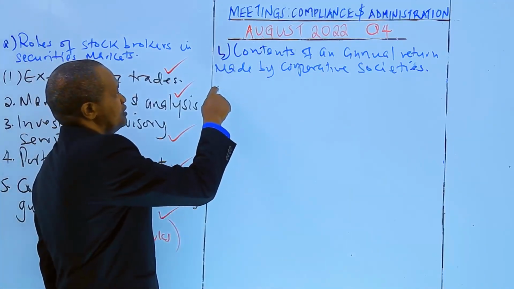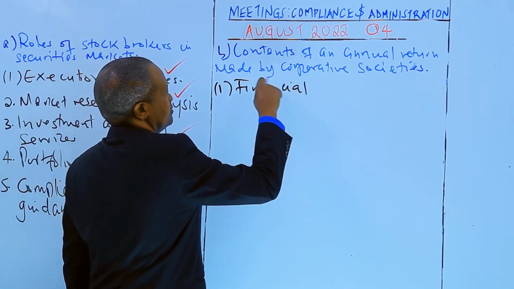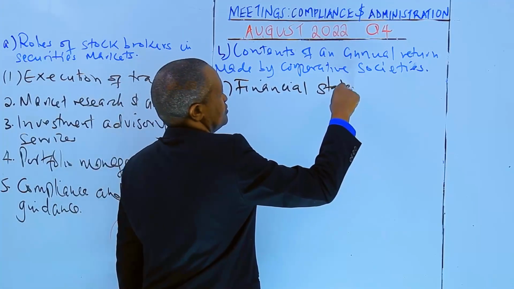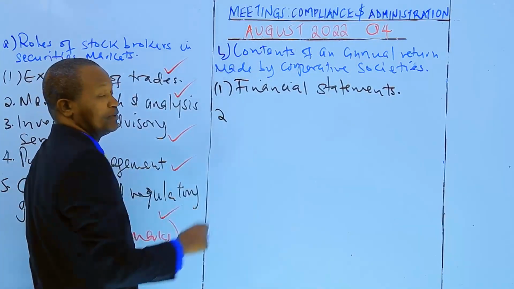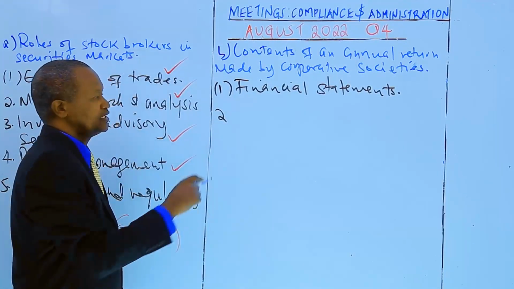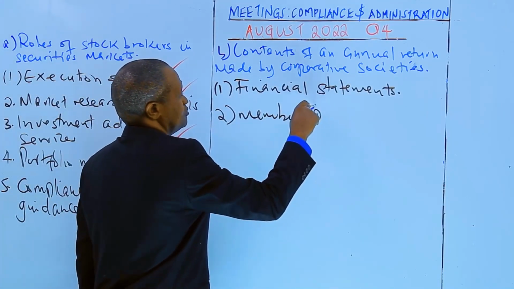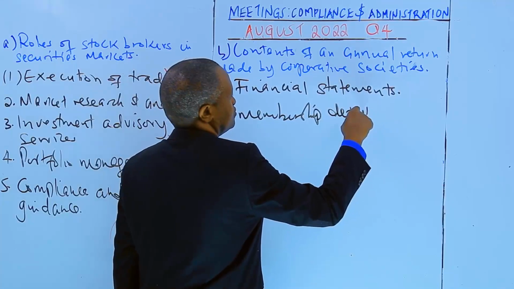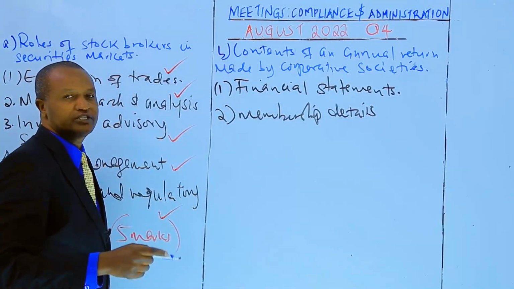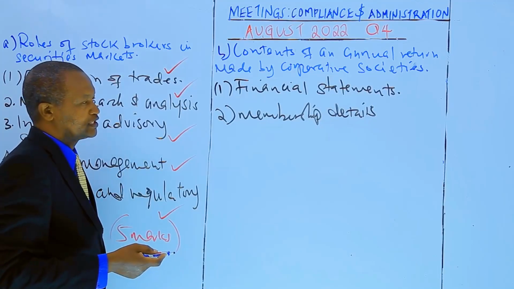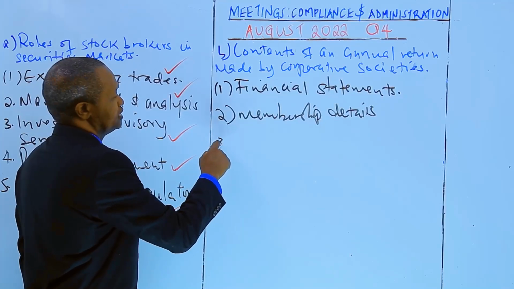Number 1, financial statements. Number 2, I've said membership details. Financial statements, membership details. We have summary of activities, could also be part of this return.